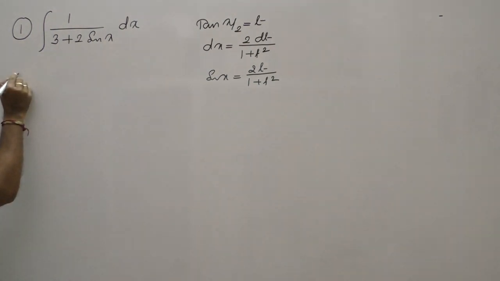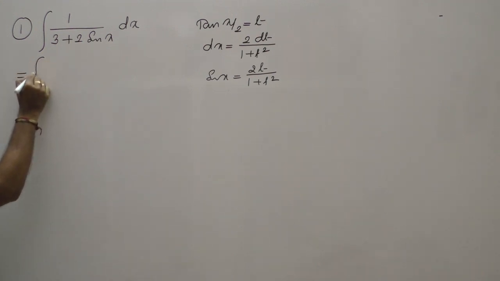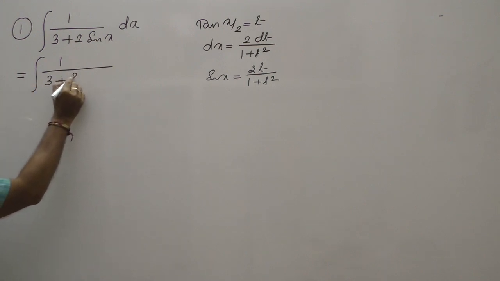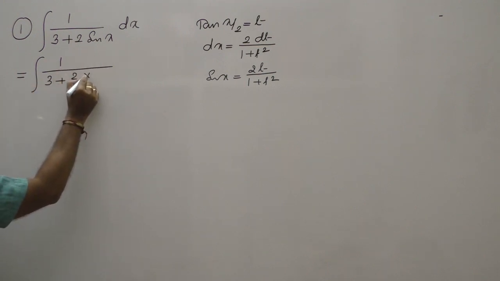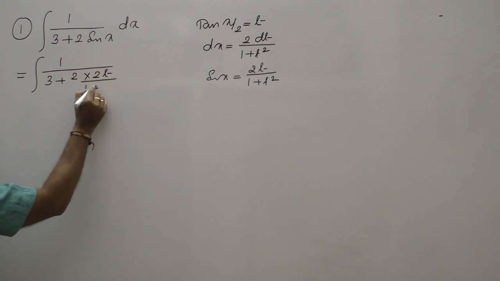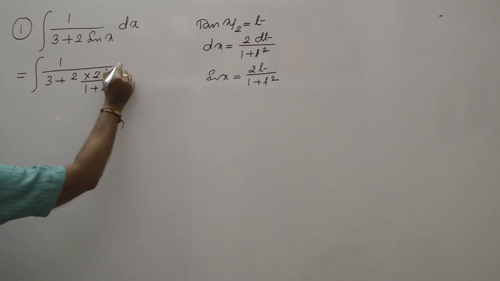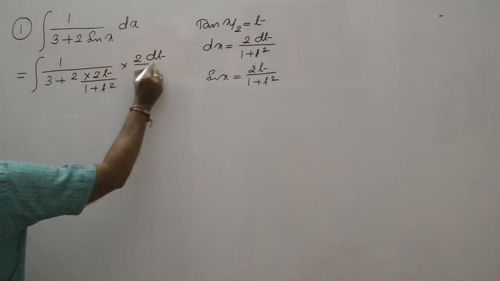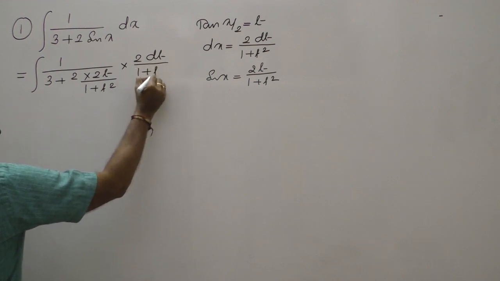Okay. So this integral is equal to 1 divided by 3 plus 2 into sin x, where sin x is 2t divided by 1 plus t square, into dx, where dx is 2 dt by 1 plus t square.